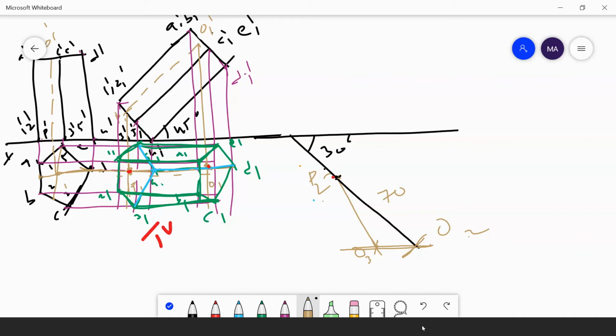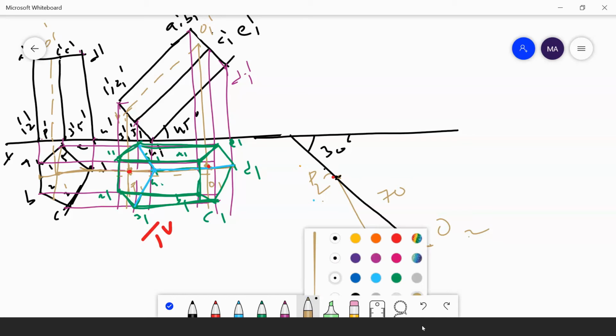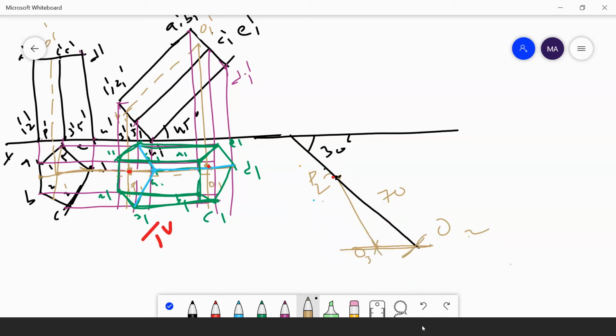So what I am doing is extending this inclined line somewhat upwards, and the same inclination downwards. After that, I am taking the compass and measuring the distance from this point P1 to 4, and cutting an arc here, P1 to 4.